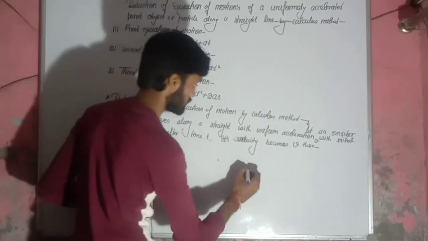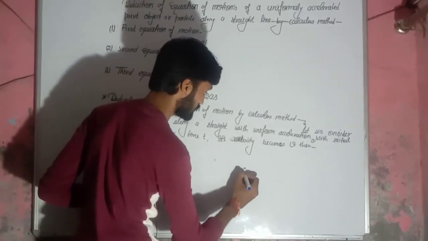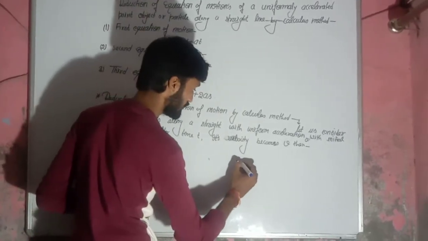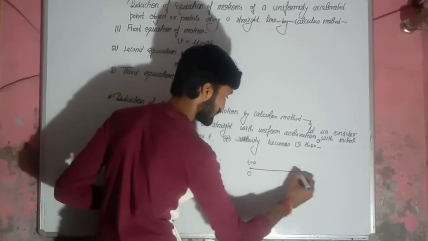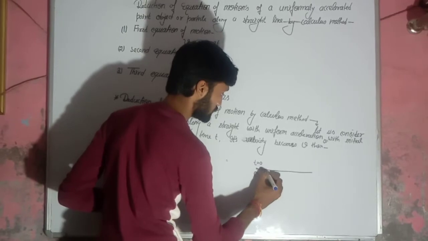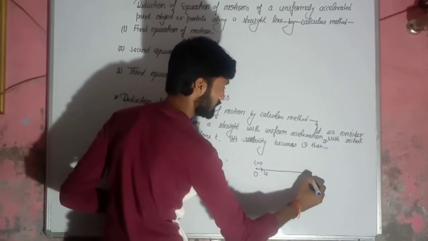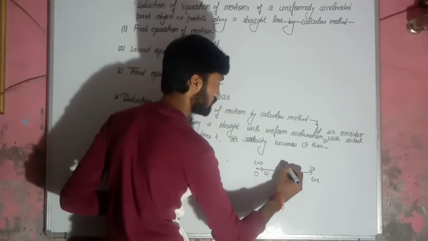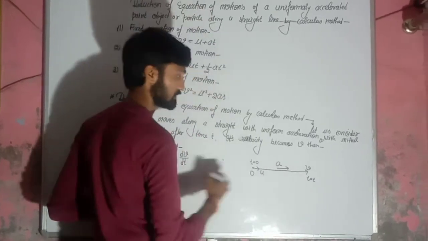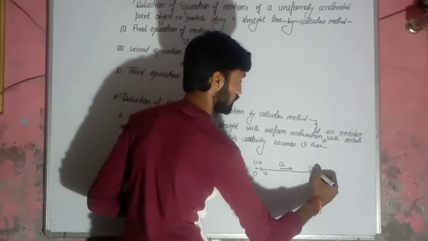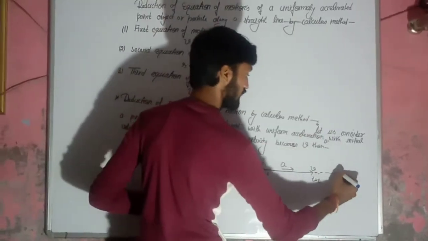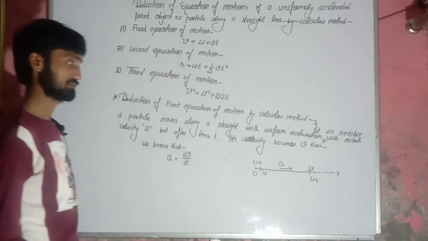The situation is like this: at the initial point the time t equals 0 and the velocity is u, and after time t its velocity becomes v due to acceleration a, going towards the right along the x-axis.